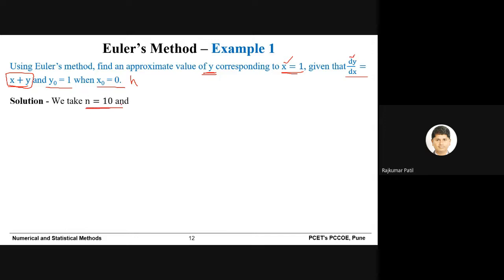That is, in order to decide the value of h, we will divide the given length into 10 segments. So that's why the n term is coming here. And by using that n, we can calculate the interval h. So generally, if a simple type of problem is there, you need to take the value of n as 10. If the equation is complicated, then you can take n equal to 5.